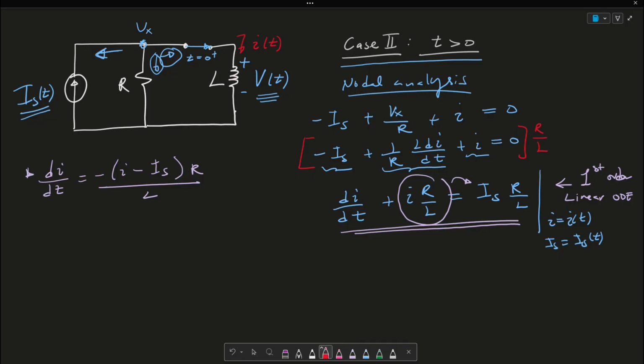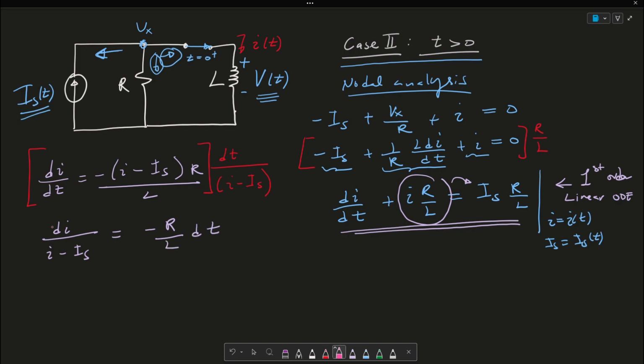I'm going to go ahead and multiply both sides by dt over I minus is. So then what I do get is the following. I get di over I minus is is equated to minus R over L times dt.